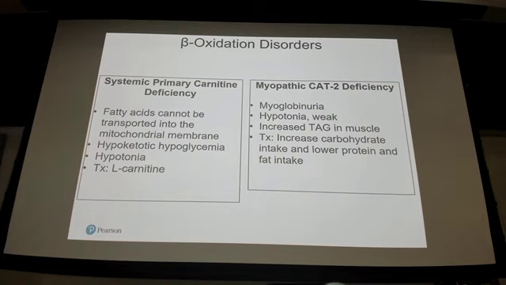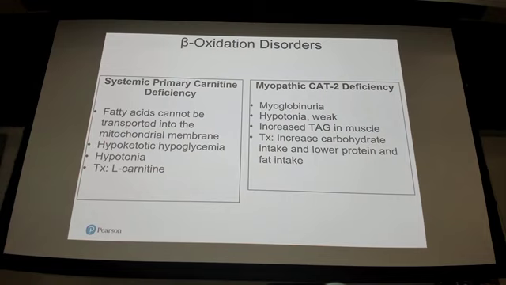So the other condition is the myopathic CAT2 deficiency, and we know that the CAT2 enzyme is found in the mitochondria. What happens when this enzyme is deficient, again, you're going to see that muscle weakness, and you're also going to see muscle wasting and breakdown, and this is due to the muscles not getting any energy sources. So what's going to happen is that myoglobin in the muscle is going to break down because the muscle tissues are not getting any energy source.